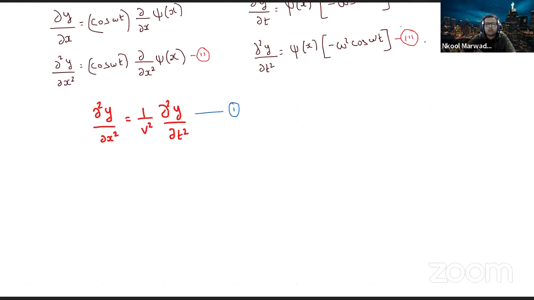Now what I can do, values of 2 and 3, I can substitute into equation 1. Values of 2 and 3, I can substitute into equation 1.